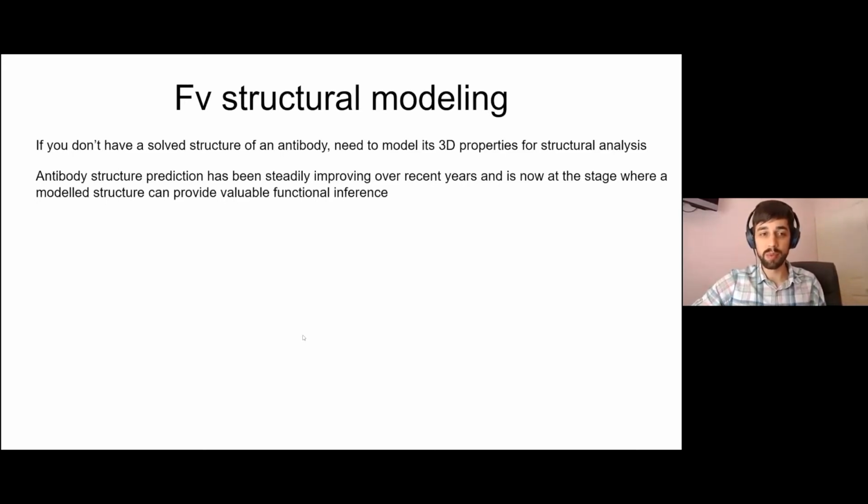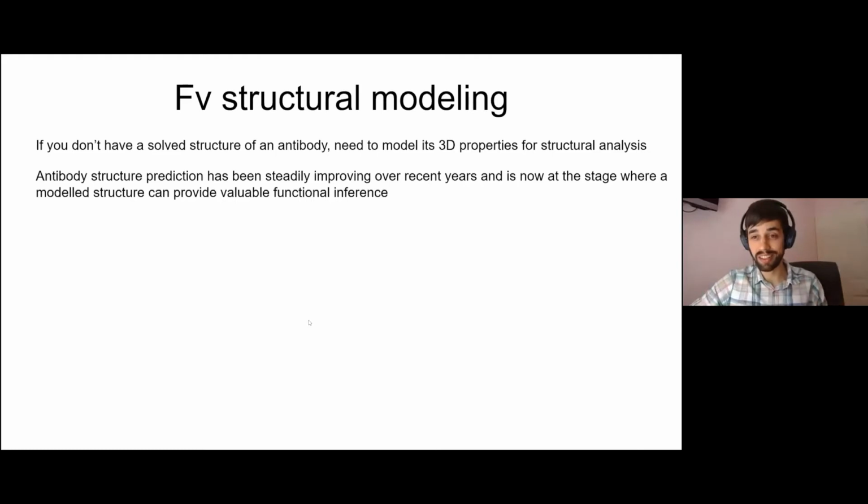But really substantial developments have been made in this field over the last five or so years, which has allowed us to do rapid and relatively high confidence models of Fv sequences. So we can really start to build up a case for how in three dimensions this antibody would fold into a contiguous recognition surface.